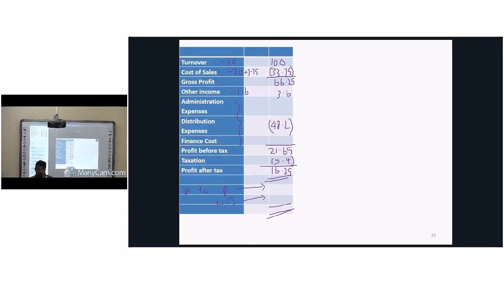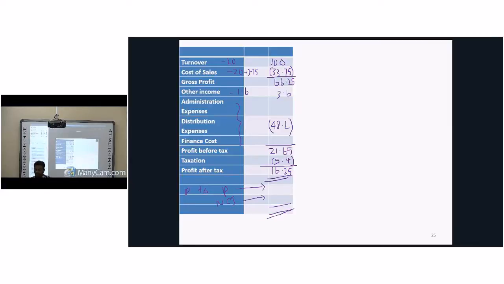First you calculate NCI. How do we calculate NCI? I told you. Take the profit of the subsidiary for the year, do adjustments, plus or minus, into NCI percentage.